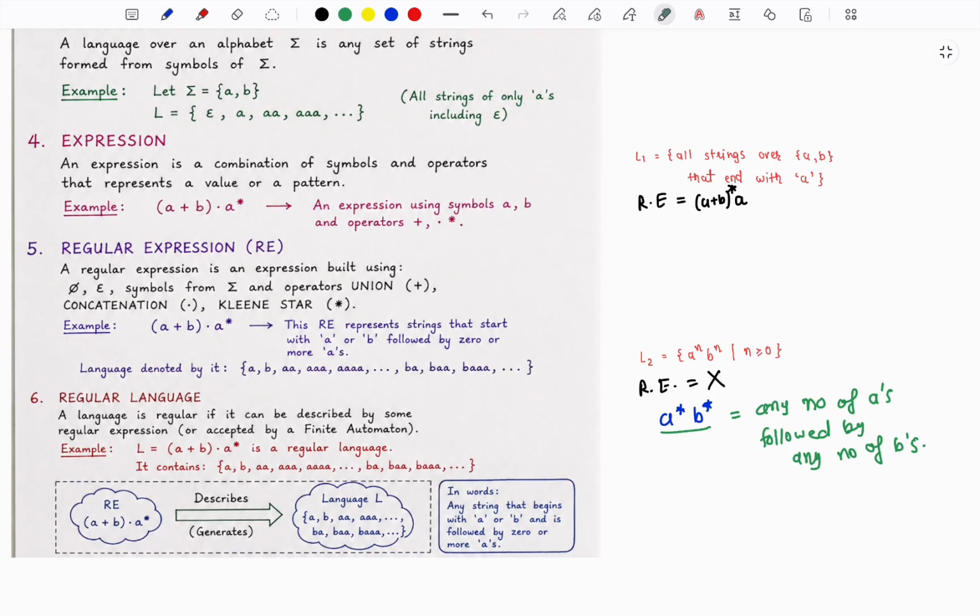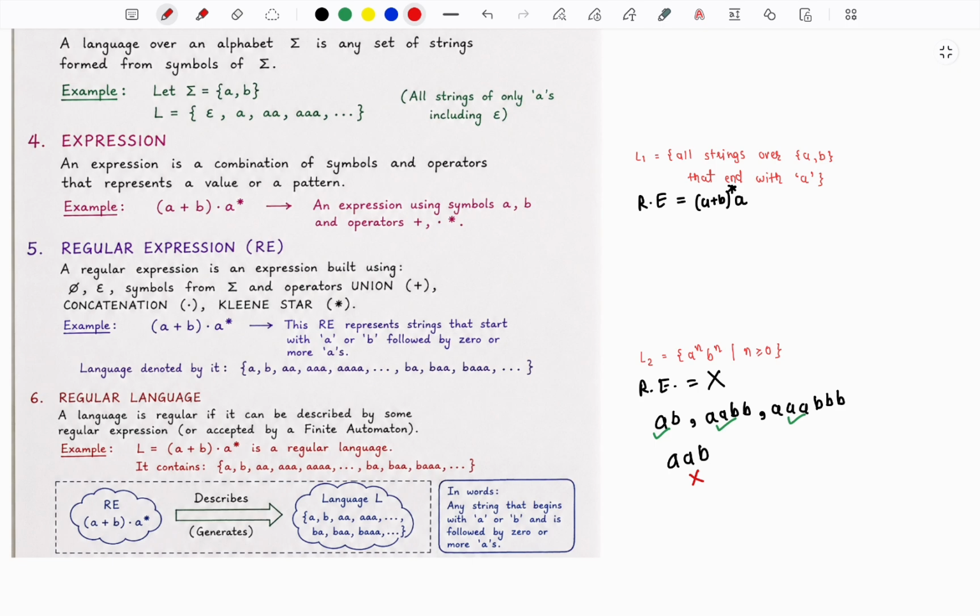Now another way to check whether this language is regular or not is to ask one question. Do we need counting? Yes. How? The number of A's must be equal to the number of B's. For example, AB, double A, double B, triple A, triple B. These are accepted by language L2. But this string will not be accepted by the language L2.